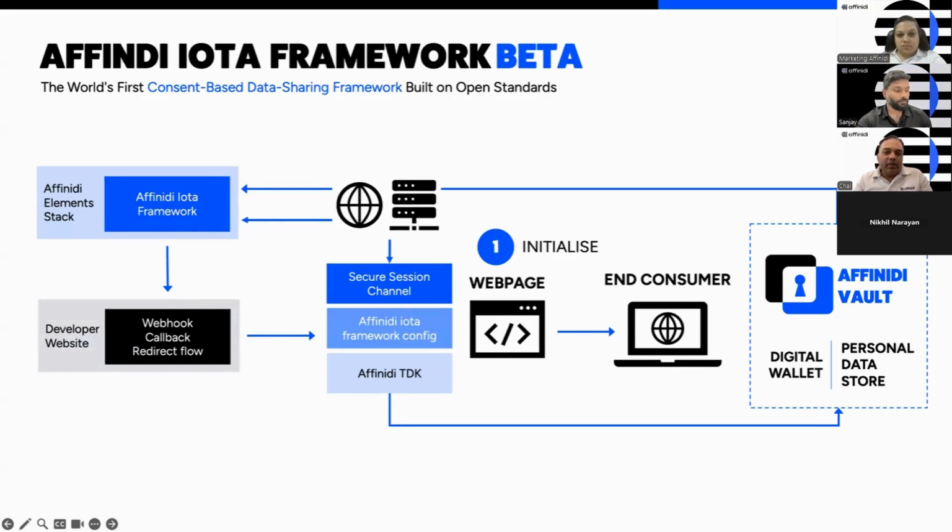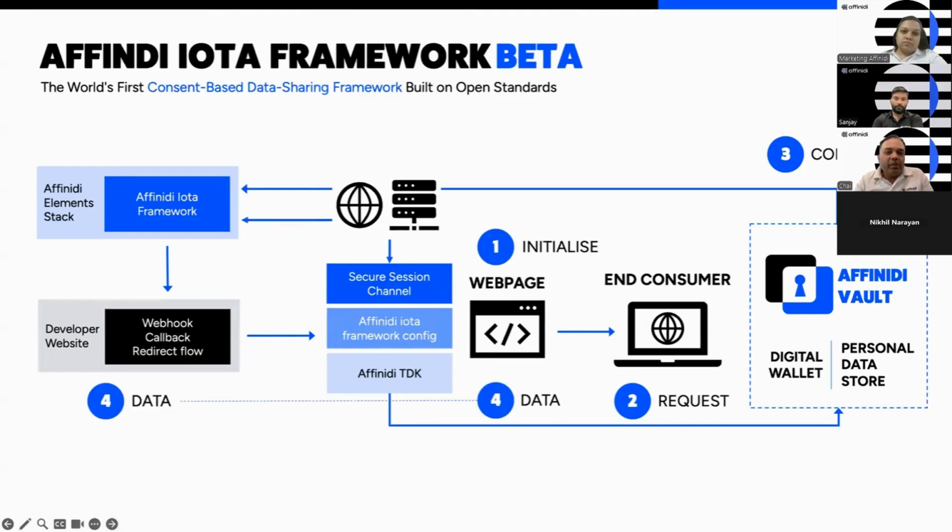Every request to the IOTA session will result in a secure webhook callback. And that callback user will then be asked to provide consent to share the data. If the consent is provided, then the data will be sent back on that webhook callback URL in a secure manner. So at the core of it, that's how it works.